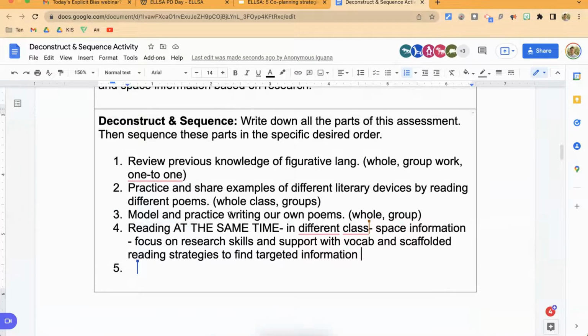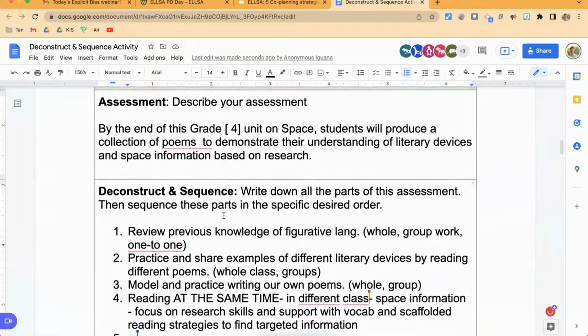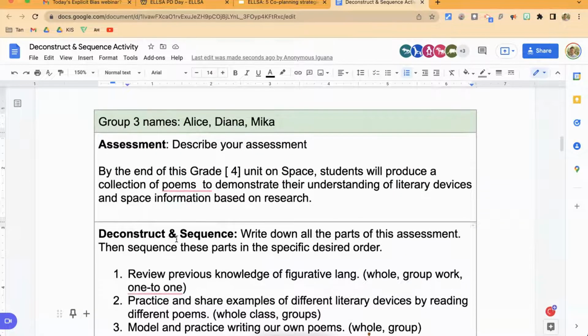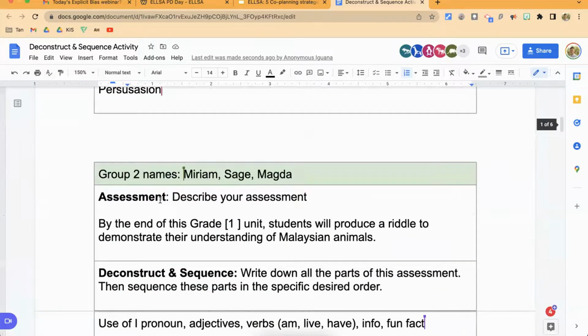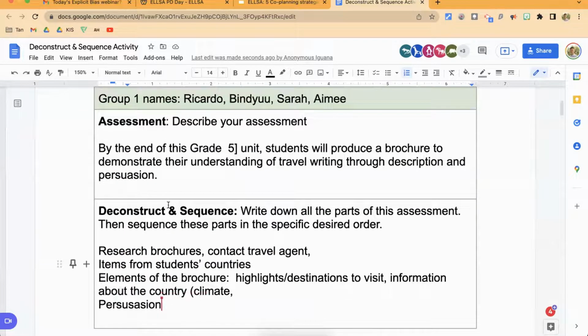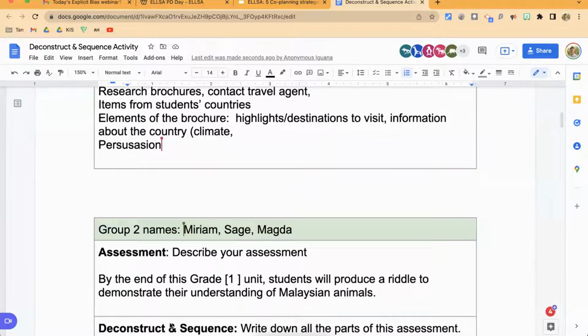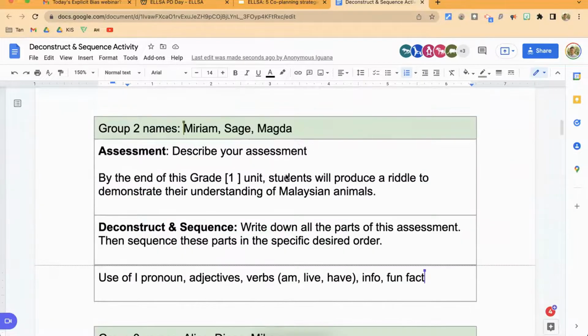Okay. Let's type in the group chat. Now that you went through this experience, what do you notice when we deconstruct, sequence, and assess this way? What do you notice when we co-plan with this approach of coming together, deconstructing an assessment, and creating it together? Can you type in the group chat, everyone? Okay.